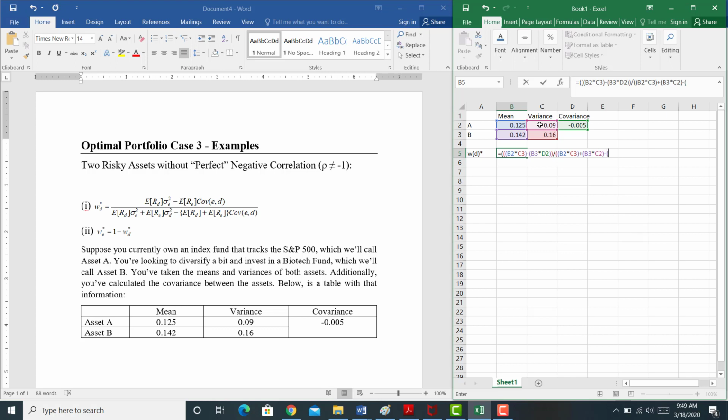I'm then going to subtract out the sum of the means of the two assets, and I'm going to multiply that by the covariance.